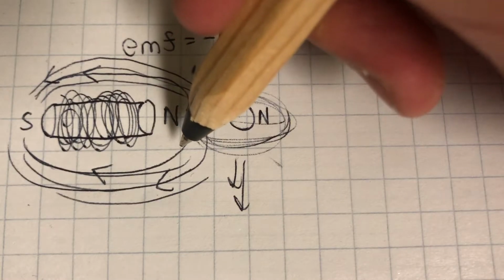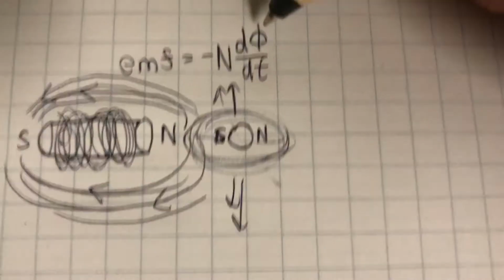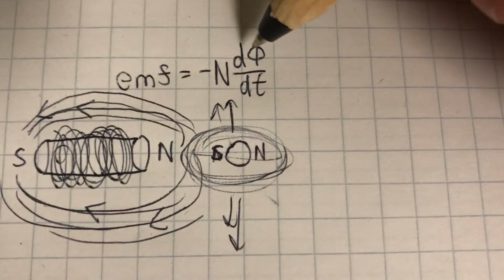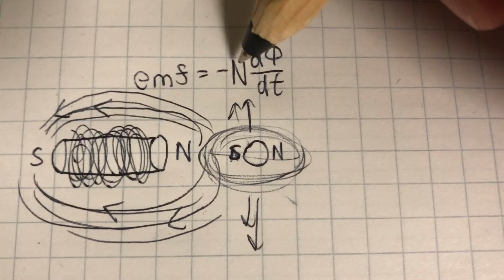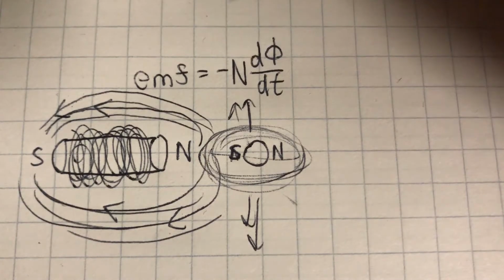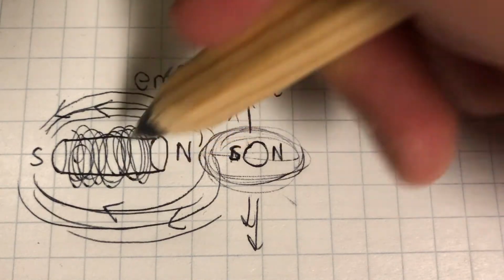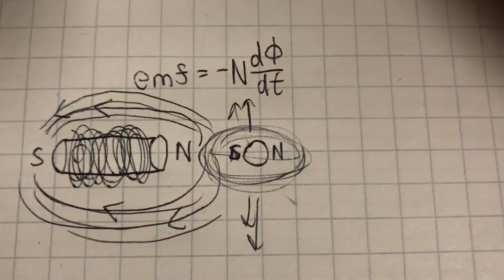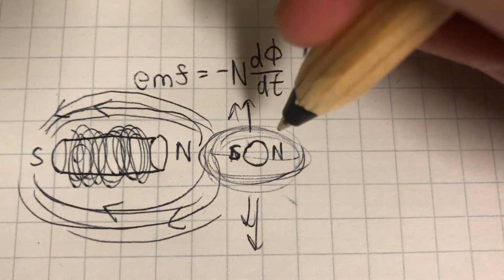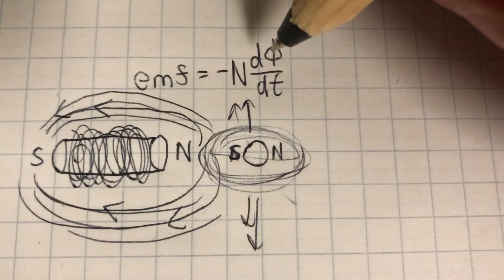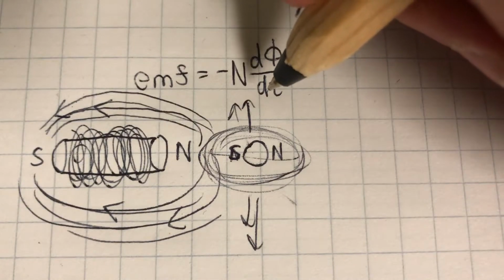Okay, so now let's go back to Faraday's law, and we can start filling in some variables. The N over here we know is the number of wires, the number of loops, and it's just going to be whatever the loop number is for this magnet. And we also know that this part is representing a change in flux over a change in time, which is happening over here.